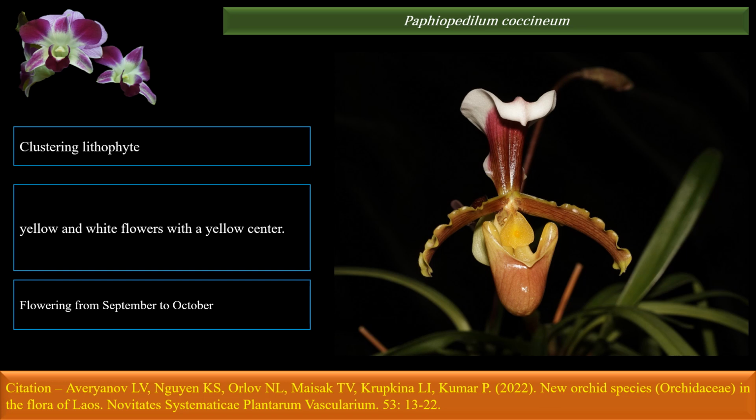As per the distribution given in that paper, it is from Laos, in the northern part of the country, without an exact locality mentioned, and Vietnam. Then the ecology and phenology: it is a clustering lithophyte found in primary broad-leaved evergreen limestone forest areas. It is cited as very rare.